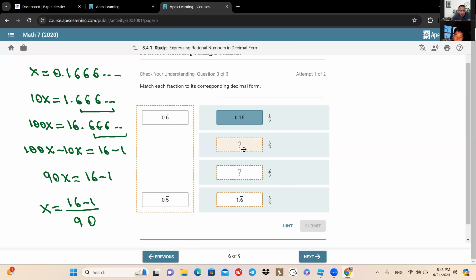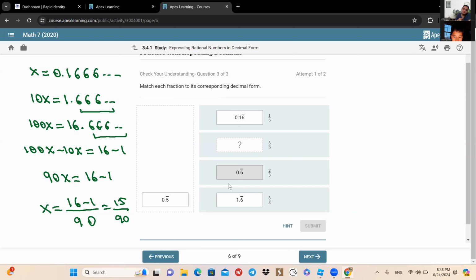From this 16, you're subtracting the non-repeating digit, which gives 15 over 90. So that's equal to 1 over 6, right? So this one would be going to this one, right?